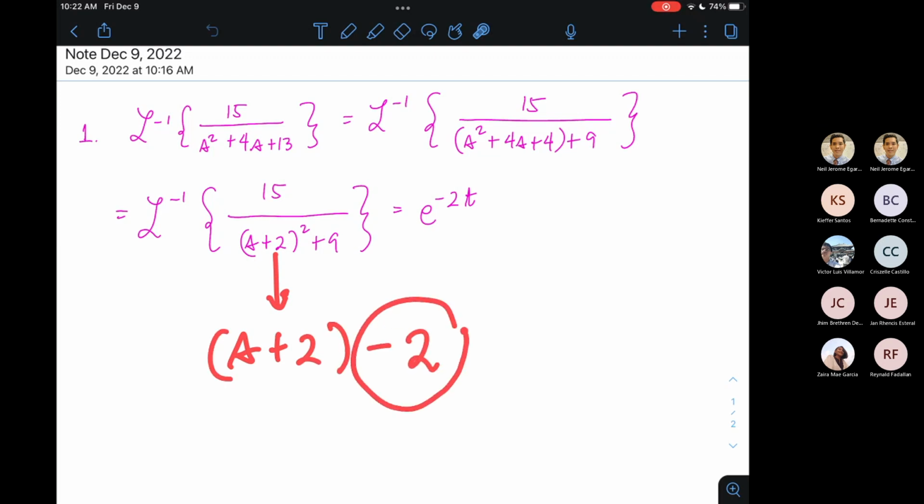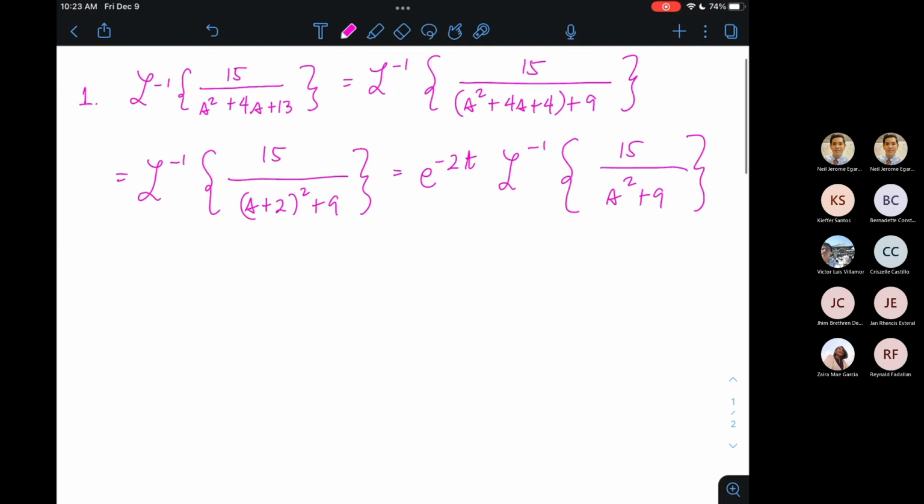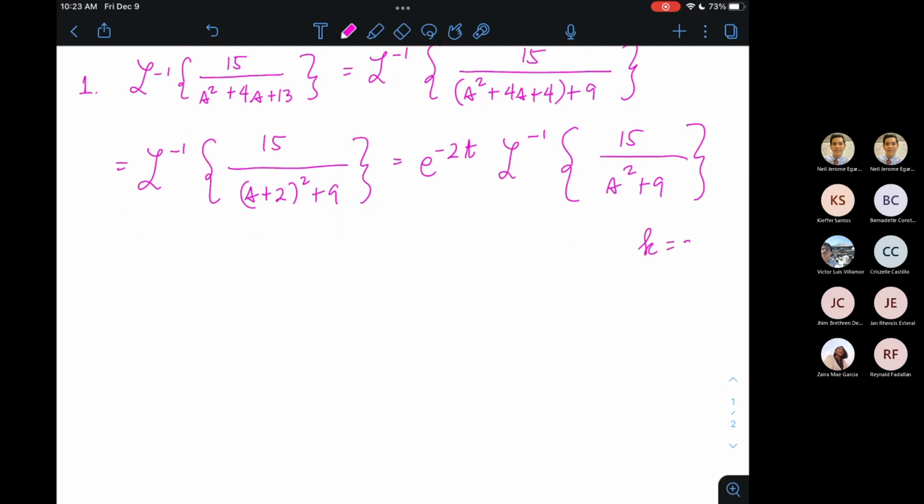So dahil gusto ko mag-minus ng 2 dun sa lahat ng s plus 2s na nandun sa loob ng inverse Laplace operator, kailangan mag-multiply ako ng e to the negative 2t. Right? So by theorem 4.6.2, we'll be left with the inverse Laplace transform of 15 over s squared plus 9. Okay? And then here, this form now tells us that, oh, k should be equal to 3. Because this guy, by hook or by crook, should be k squared. Okay? So, do you follow, guys?